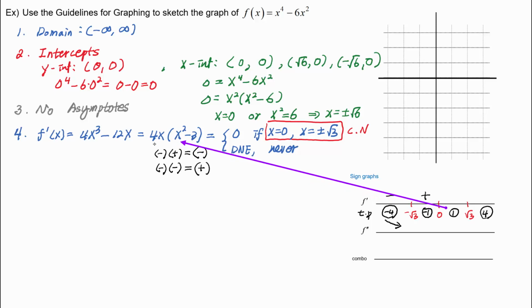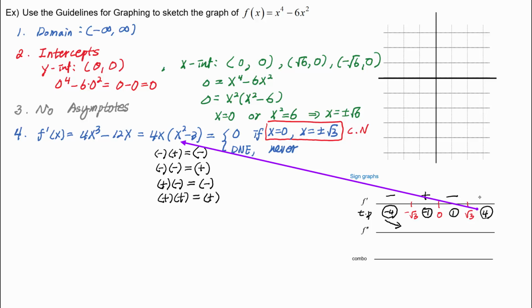And when you plug in positive 1, 4 times 1 is positive. 1 squared minus 3 is negative. So again, I get negative. When you plug 4 in there, 4 times 4 is positive. 4 squared minus 3 is positive. So again, I get positive.